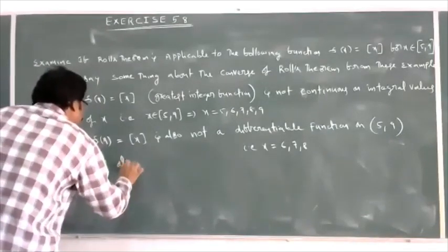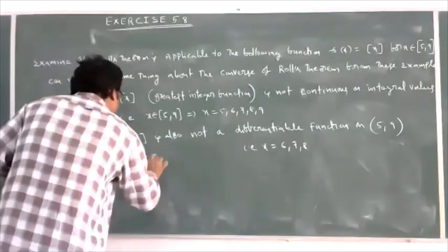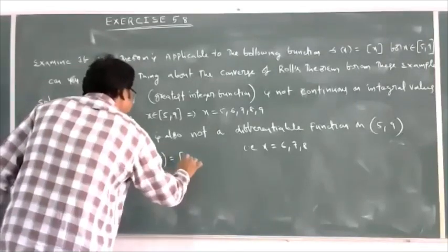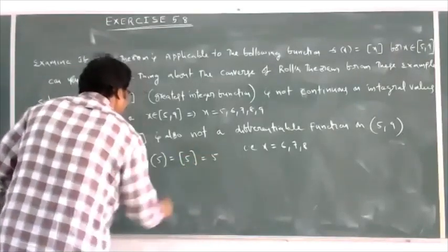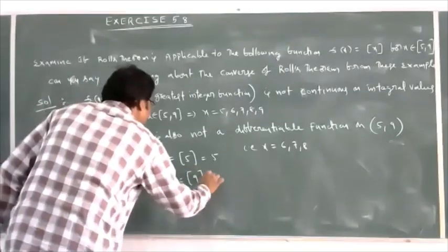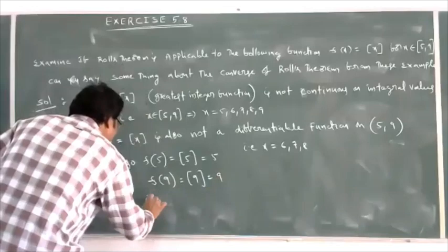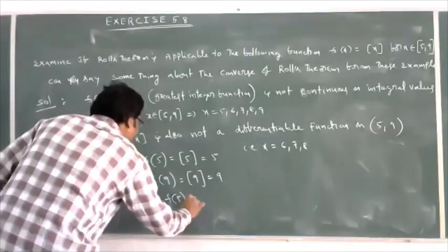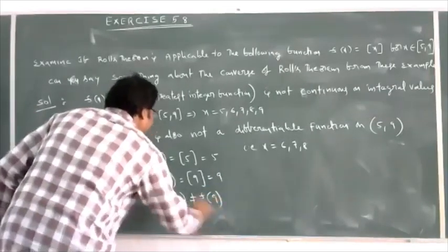And also, f of 5 is equal to step 5 is equal to 5, and f of 9 is equal to step 9 is equal to 9. That is, f of 5 is not equal to f of 9.